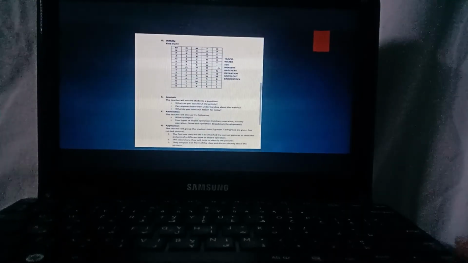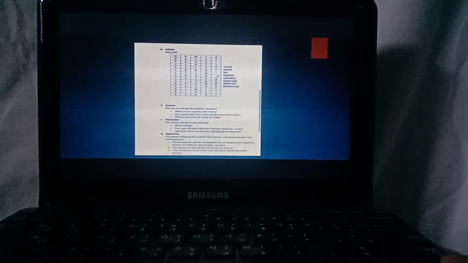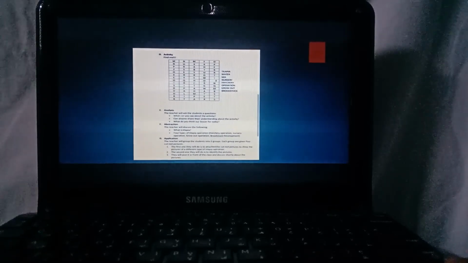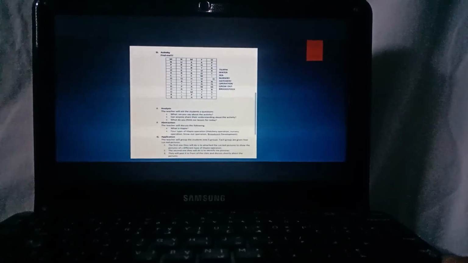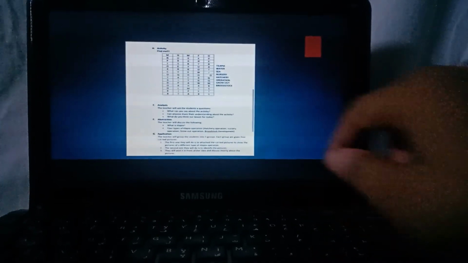Next is the activity. My activity is a cross out puzzle. All they have to do is to find the given words that I've prepared.